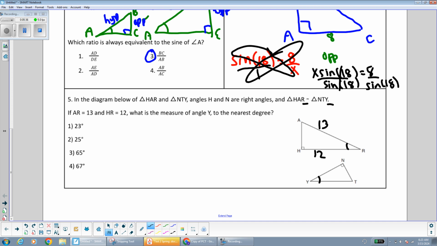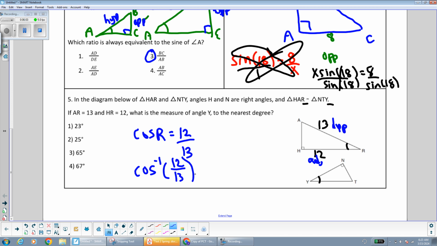So I'm going to find angle R, and I have adjacent and hypotenuse, so that's going to be cosine. So cosine of angle R equals adjacent over hypotenuse. And then since I'm solving for the angle, I'm going to do inverse cosine of 12 over 13, and that's going to give me the angle that I'm looking for.